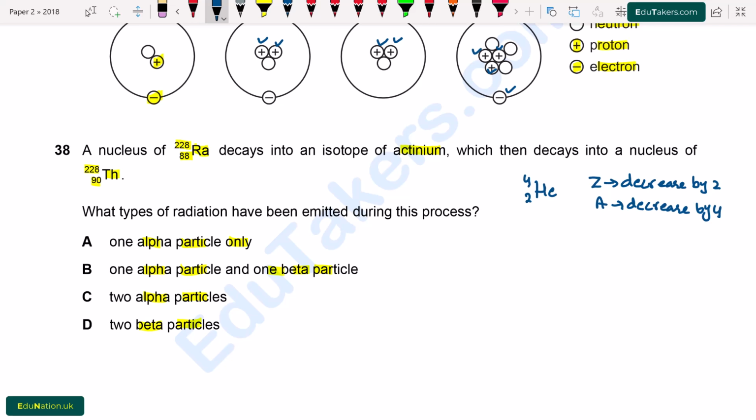When there is the emission of a beta particle, which is just like an electron, the atomic number increases by 1 while the mass number remains unchanged.